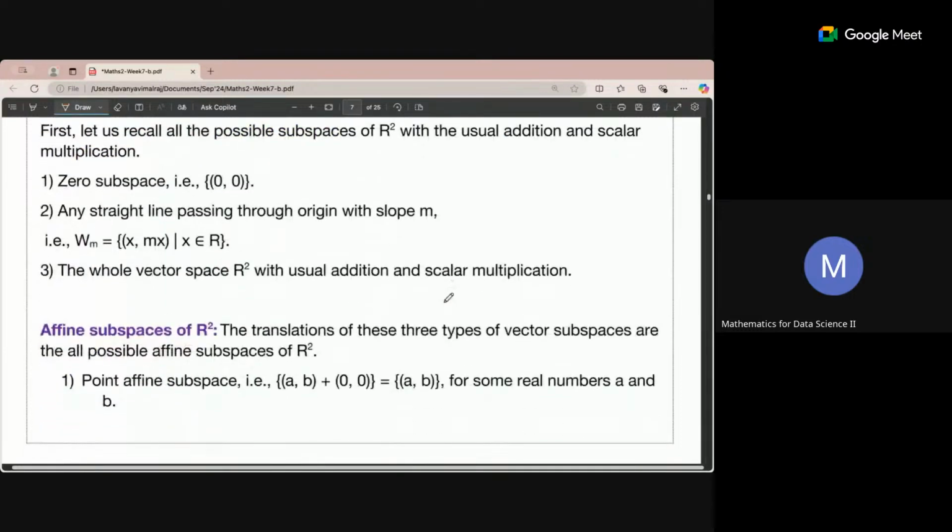Now these are all the possible subspaces of R2, and we know that the translation of any of these subspaces is an affine subspace. First of all, what about the translation of the zero subspace? It will be a point affine subspace. It means it is just a non-zero point from R2. So any non-zero point from R2 is an affine subspace of R2.